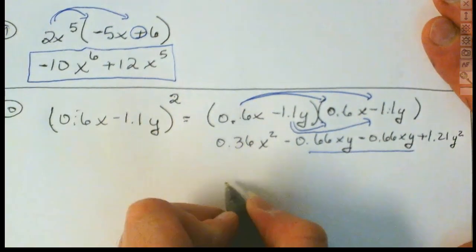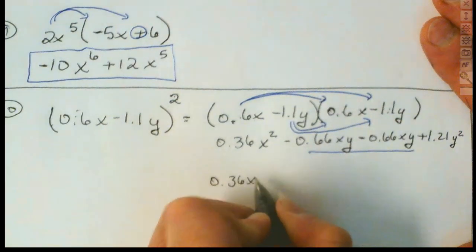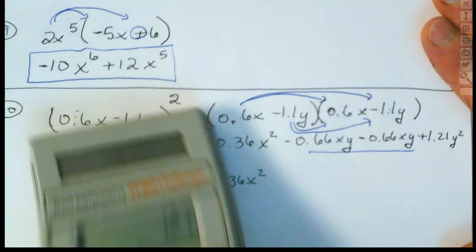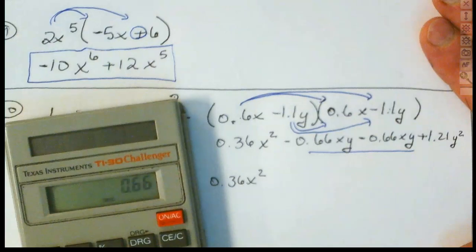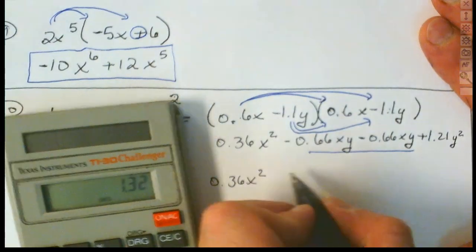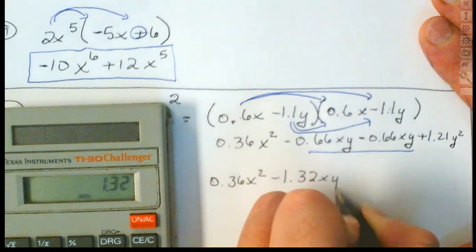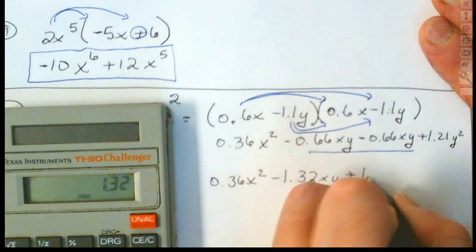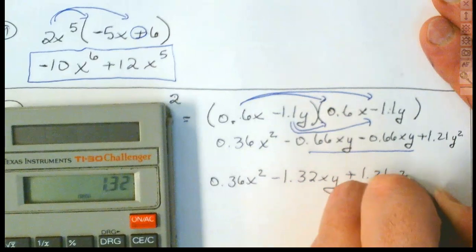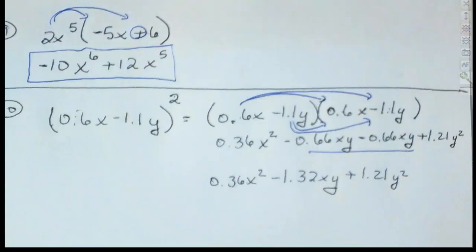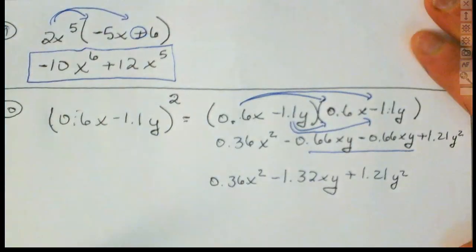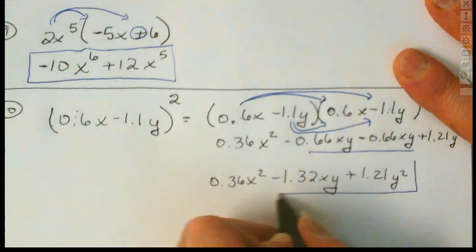So now we can write that as 0.36x squared. And then we've got a 0.66 and another 0.66, so that's a minus 1.32xy. And then a positive 1.21y squared. And that is going to be our final answer.